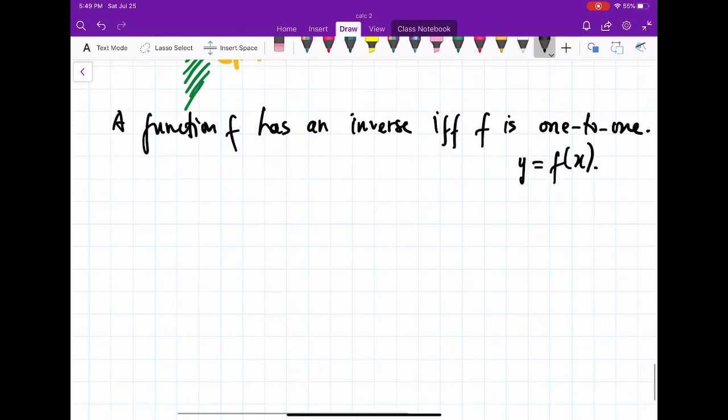So if we summarize everything from what we just discussed, we need to write out all the steps for how to find an inverse of a function. Let's say you have the function y equals f of x. You need to solve the equation for x, so you find x as the inverse of y.